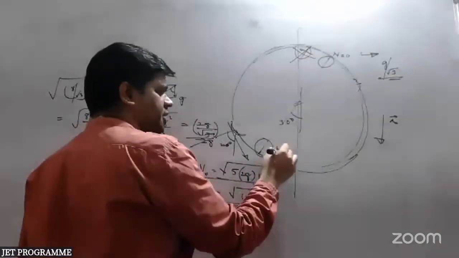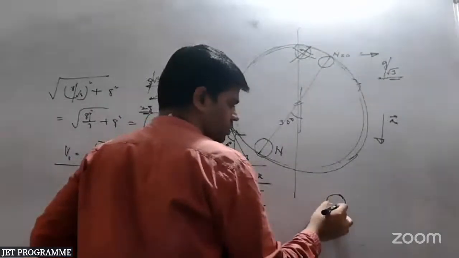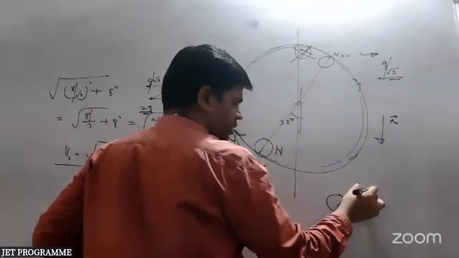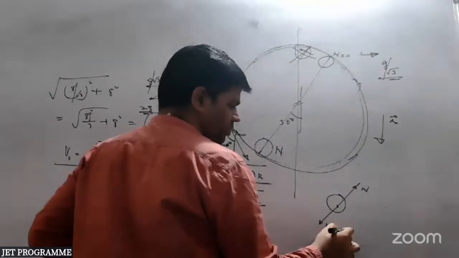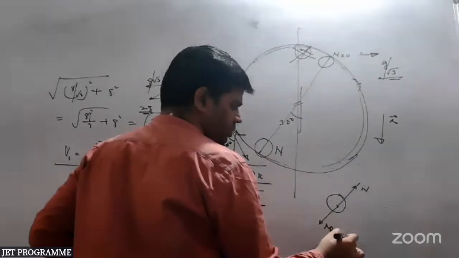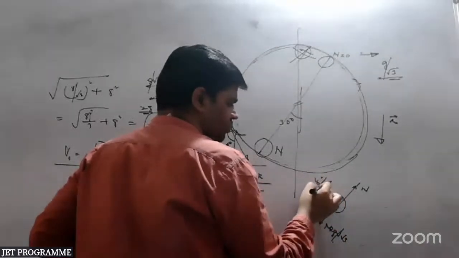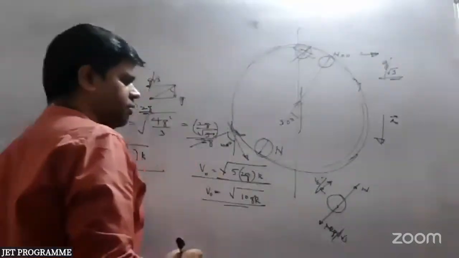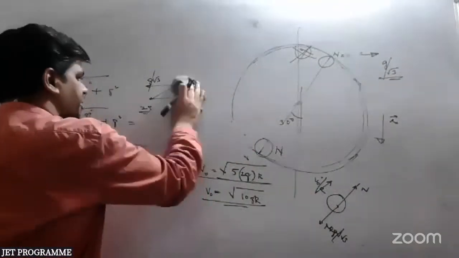Normal reaction over here, let that be N. If I draw the FBD now, N, m into g effective 2g by root 3, and acceleration is v naught square by r. Alright, that's the FBD and MAD.